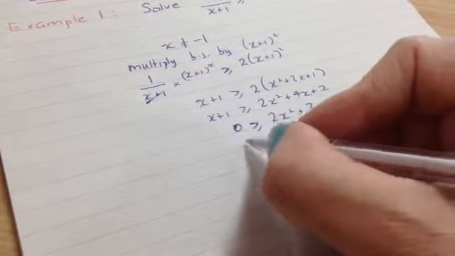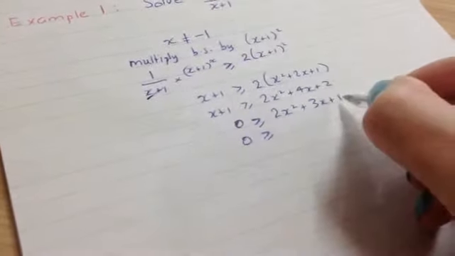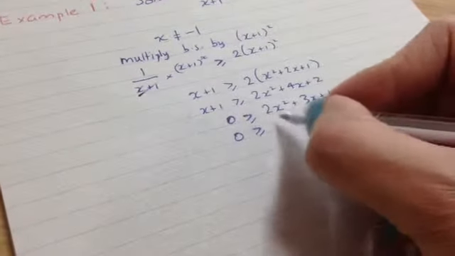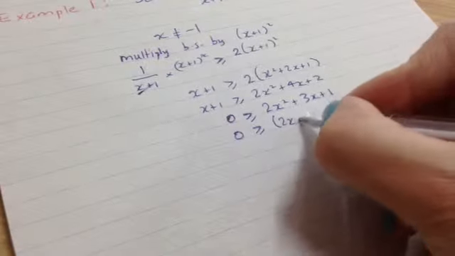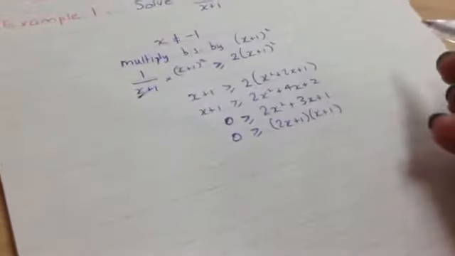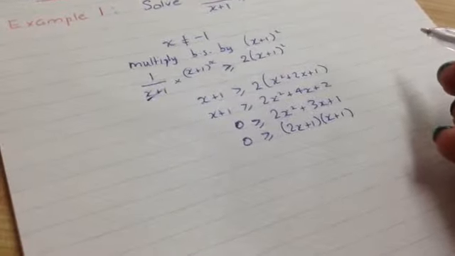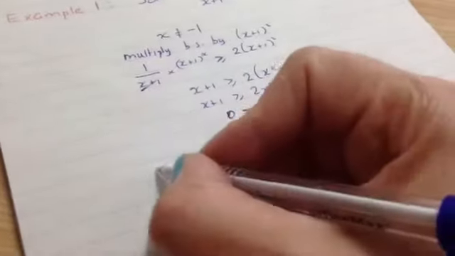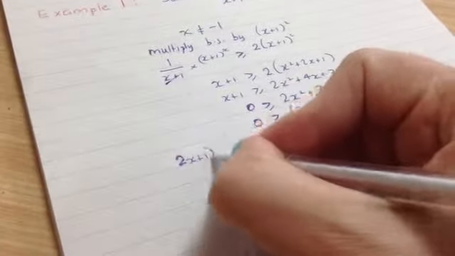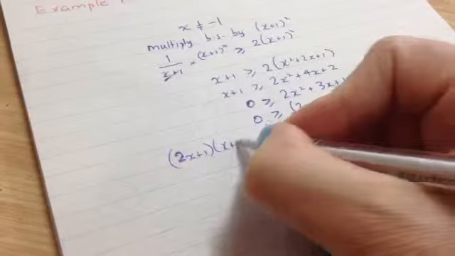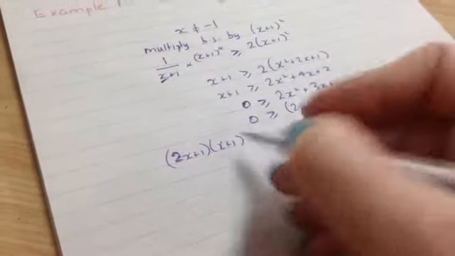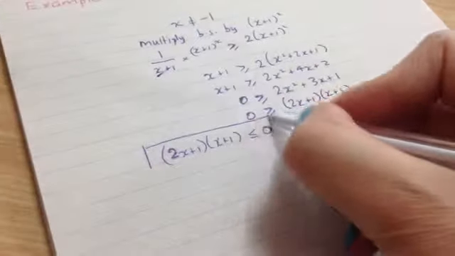You can leave it like that and just factorise your trinomial, and when you factorise that you will get (2x + 1) and (x + 1). You can write this the other way around if it's clearer for you: (2x + 1)(x + 1) is less than or equal to 0, just swapping the sides around. Put a box around that because we're going to use that.